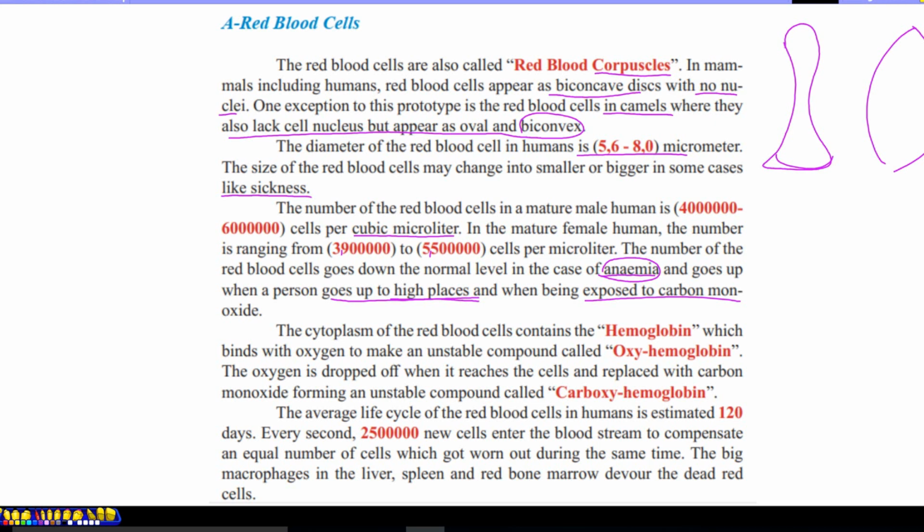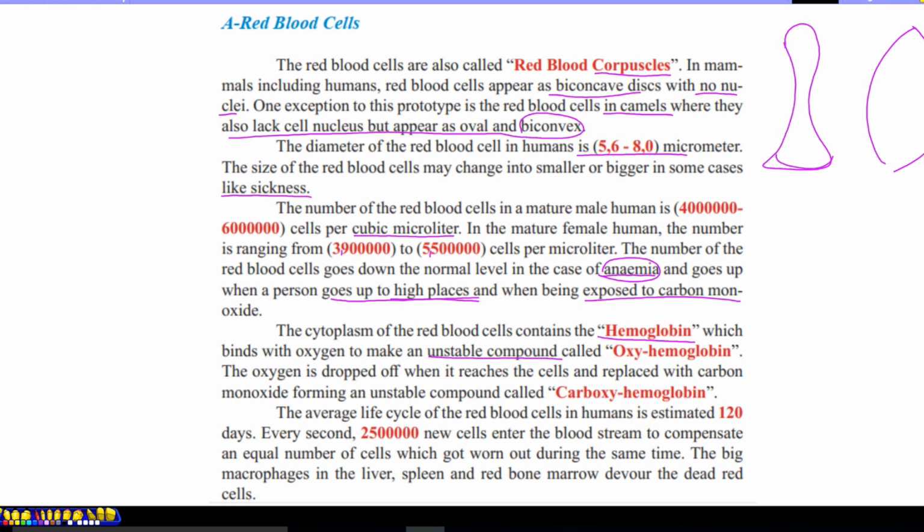The cytoplasm of red blood cells contains hemoglobin, a globular protein which binds with oxygen to make an unstable compound, so combining with and separating from hemoglobin is easy for oxygen.